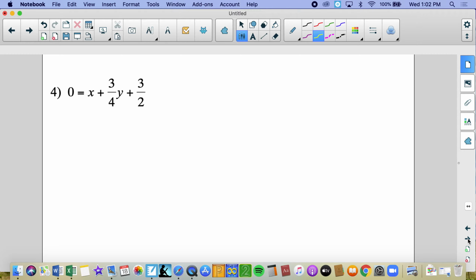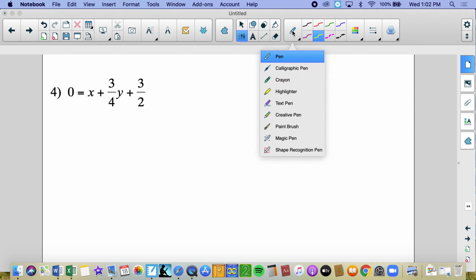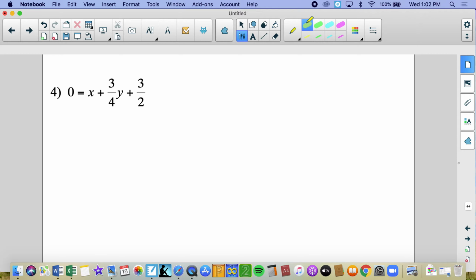Number 4 is, again, now we've got fractions. We have 2 variables. So when we have 2 variables, we know that we can isolate for y. And there's a lot of stuff going on here. So not only is y not by itself, but it has an x, and it also has the constant on that side too. So we can do a couple of things.